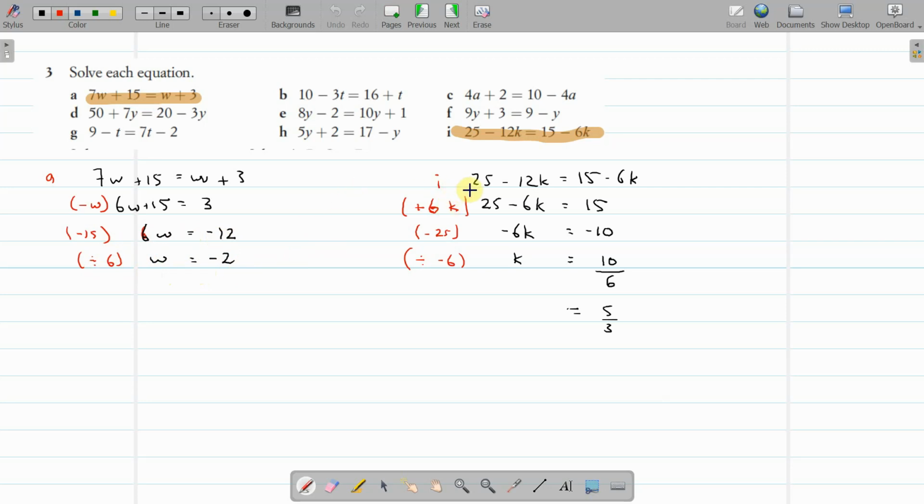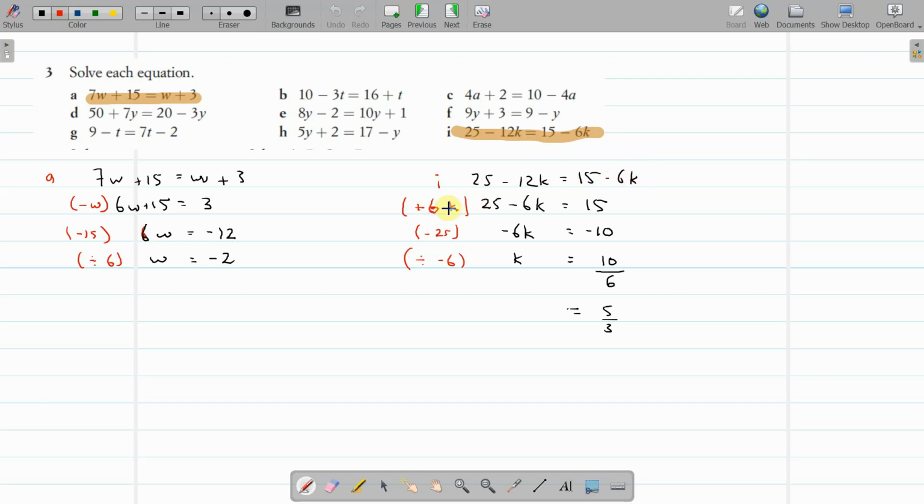Okay, question 3i. I'll write the question. Then we're going to get rid of this here because we want all the k's over here and all the numbers over here. So this minus 6k has got to go. And to remove that, we do the opposite to minus 6k, plus 6k.